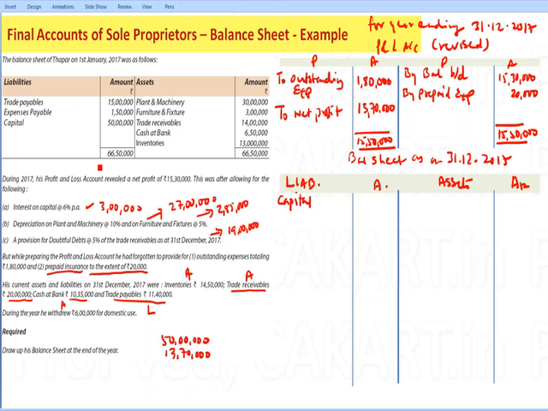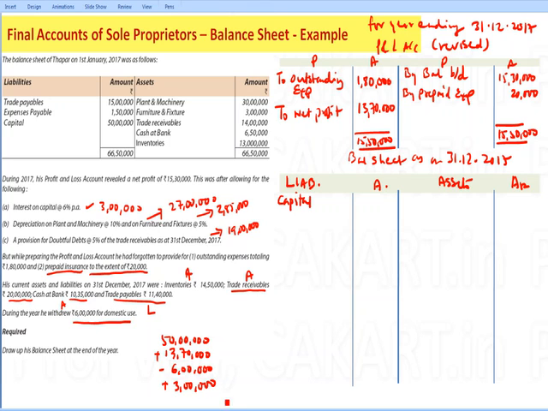And then finally, during the year he withdrew 6 lakh for his domestic use, so this has to be subtracted. And not just that, we know for sure that he received interest on his capital account. How much? 3 lakhs. So that needs to be added.